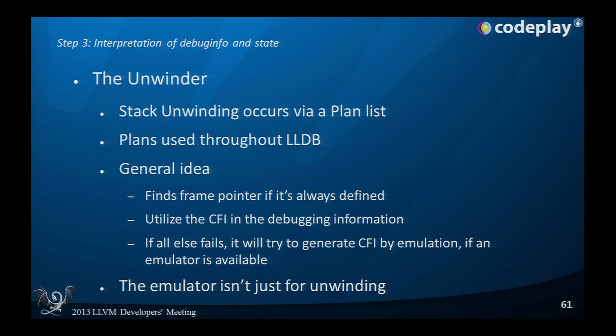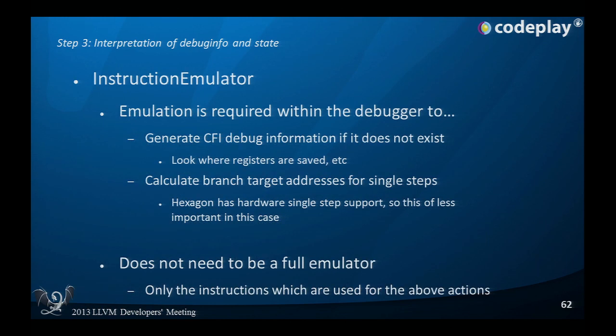And the emulator isn't just for unwinding, it's also used for branch target addresses for things like single stepping. Thankfully, Hexagon has hardware single step support, so it isn't as important. But you can have a look at the ARM instruction emulator in LLVM to see just how large this stuff is.